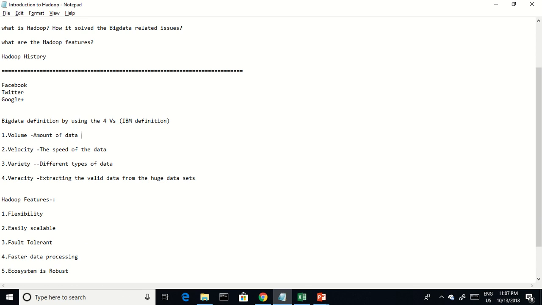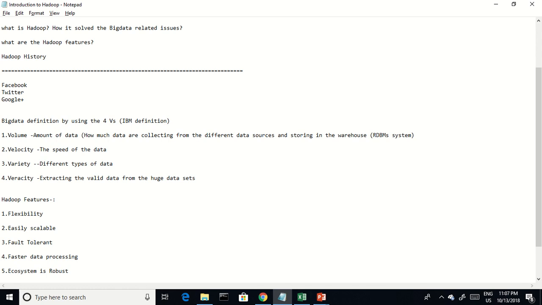Volume means how much data we are capturing and collecting from the different data sources and storing in a warehouse, like any database system, RDBMS, or any system where we store it.